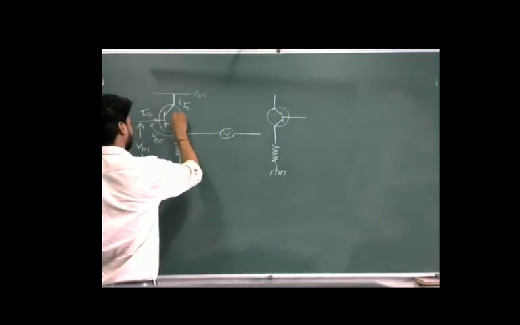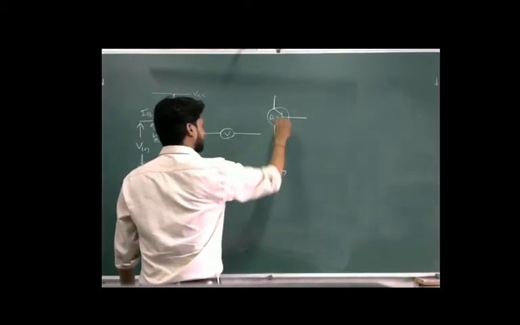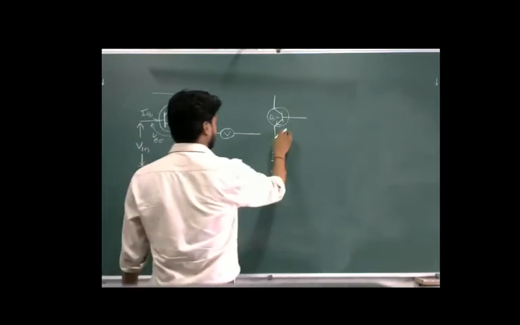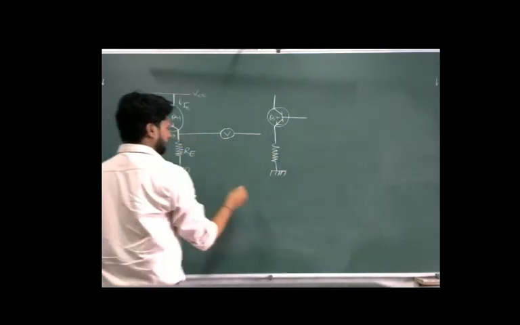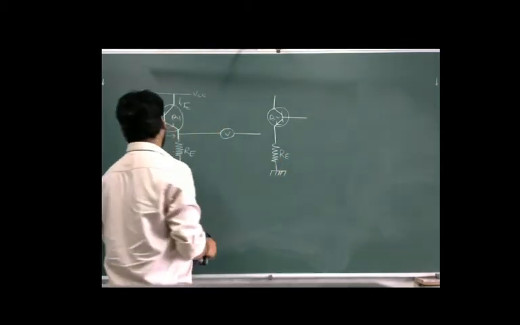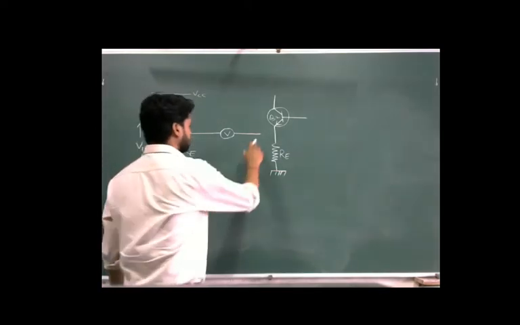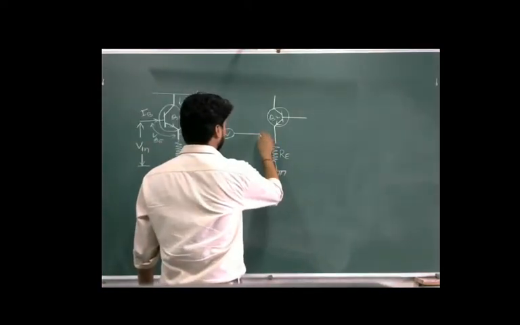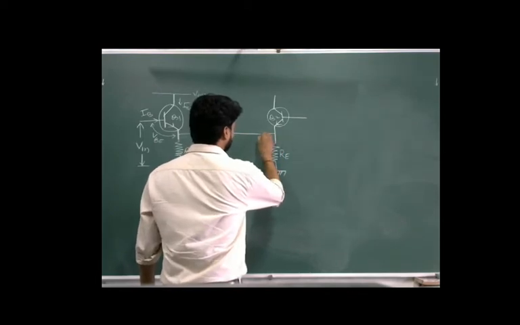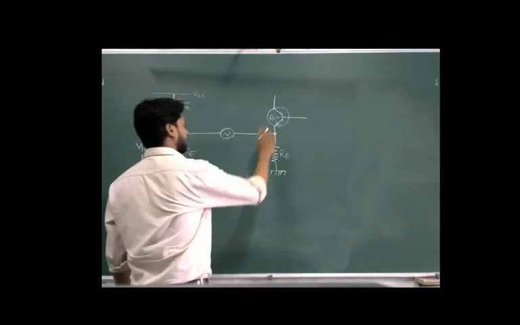Suppose this is Q1 and this is Q2. Transistor Q2 is identical to transistor Q1 to introduce a similar negative voltage as appears here. The similar negative voltage of the base emitter voltage we have to produce at the other terminal of the voltmeter. To serve this purpose, an identical transistor is connected here.